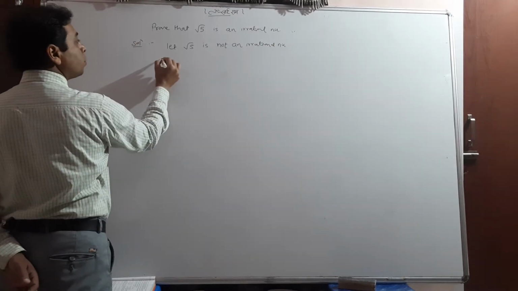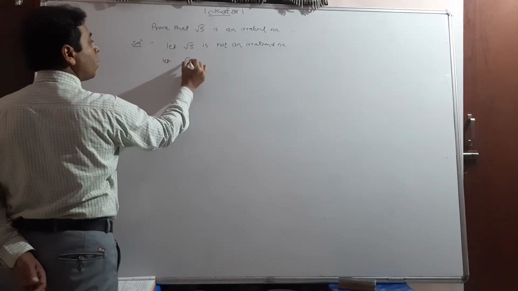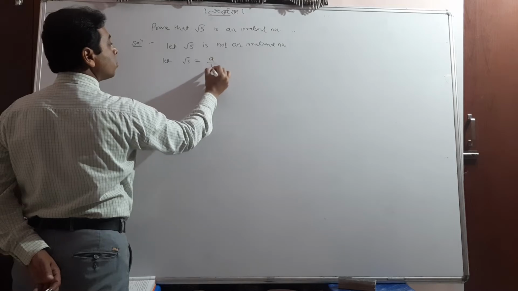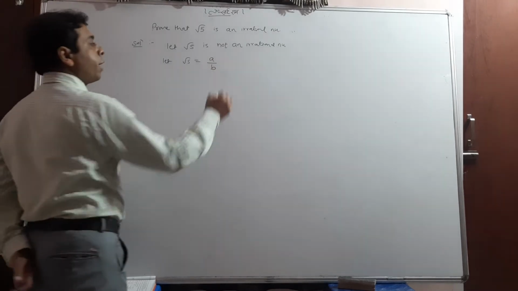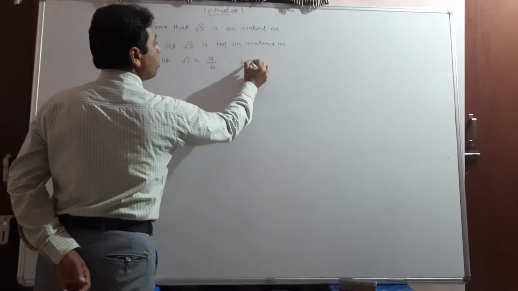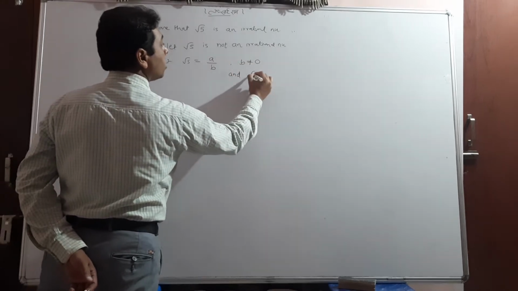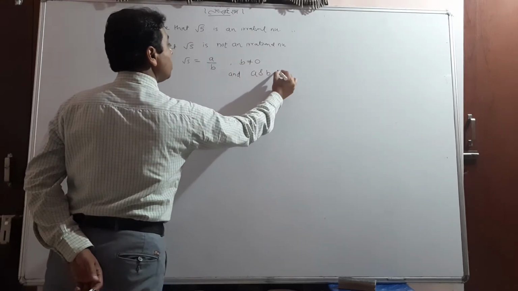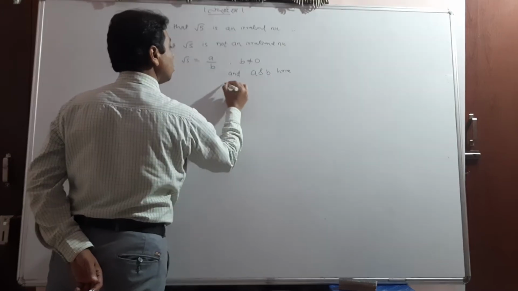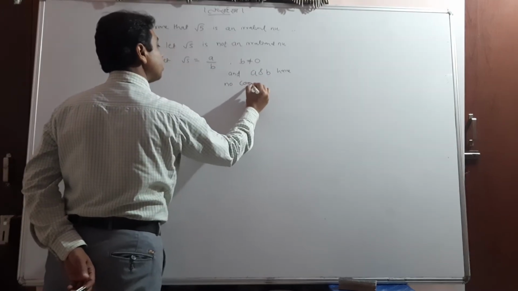Meaning, under root 5 is a rational number, a by b. And definitely b is not equal to 0. And very important thing, a and b have no common factor.